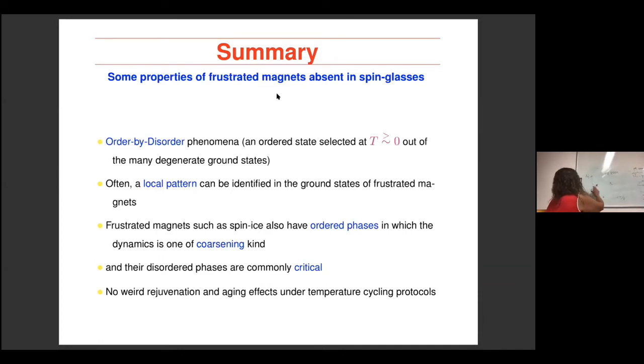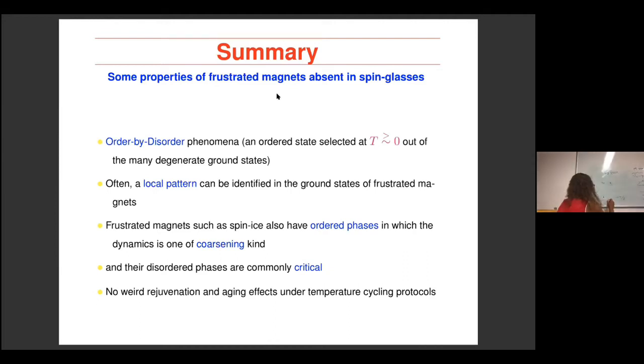And then you have disorder progressively killing the order phase. This is a ferromagnetic phase, and this is a paramagnetic phase. So if you do quenches like the ones I was doing from infinite temperature, somewhere here, to within the ferromagnetic phase, what you will see is coarsening of the ferromagnetic phase.